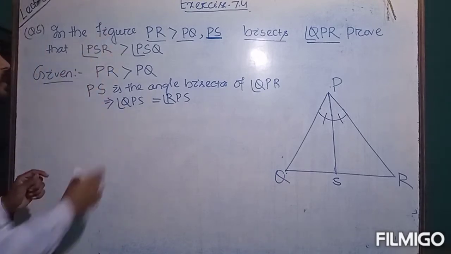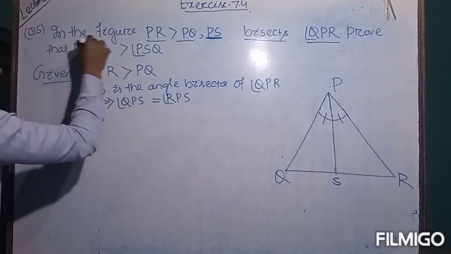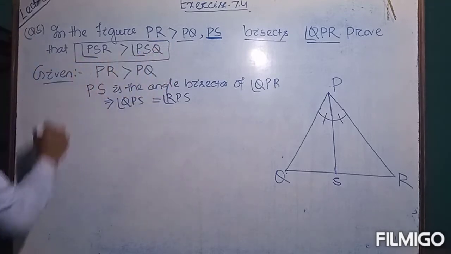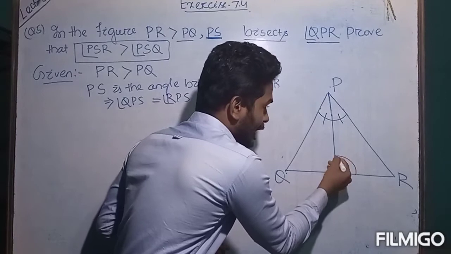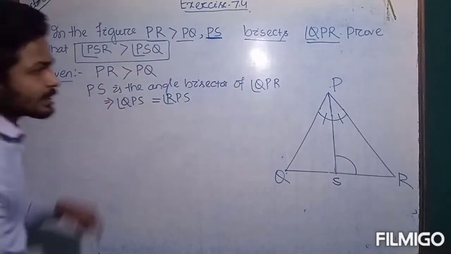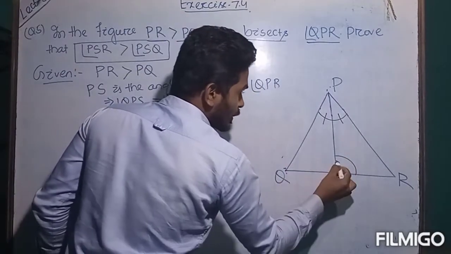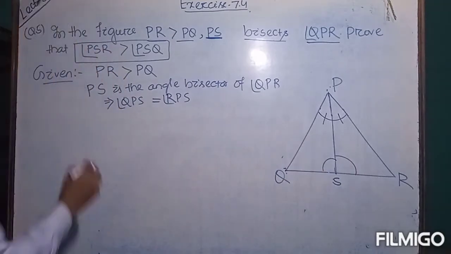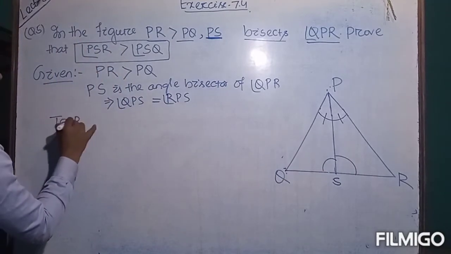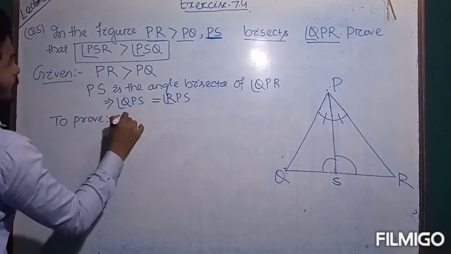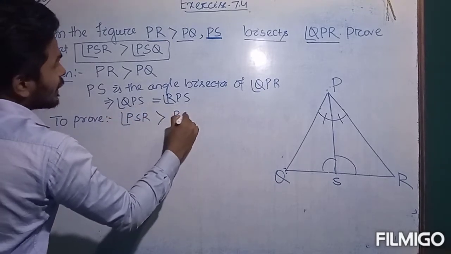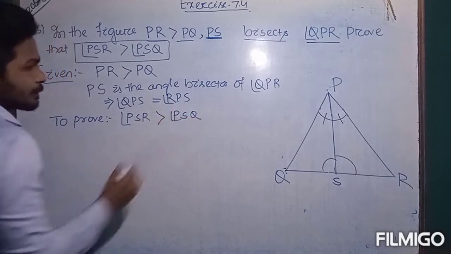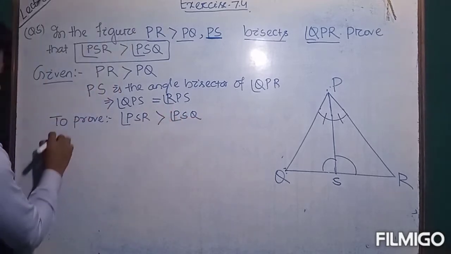Now according to the statement, we have to prove that angle PSR is greater than angle PSQ. To prove PSR is greater than PSQ, how can we prove it?